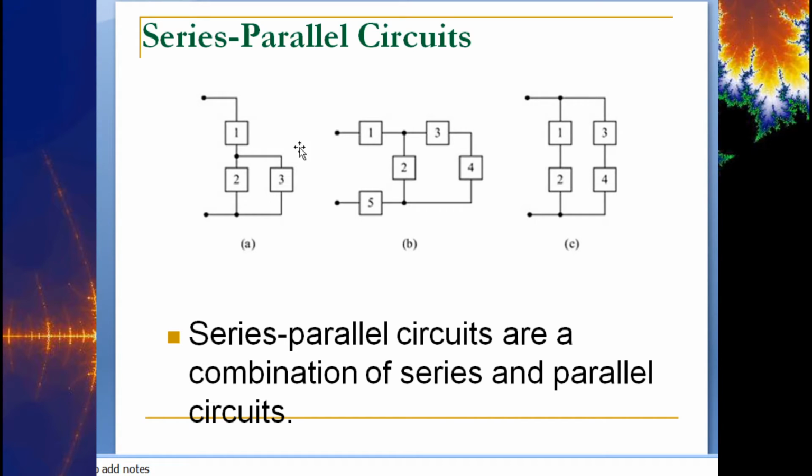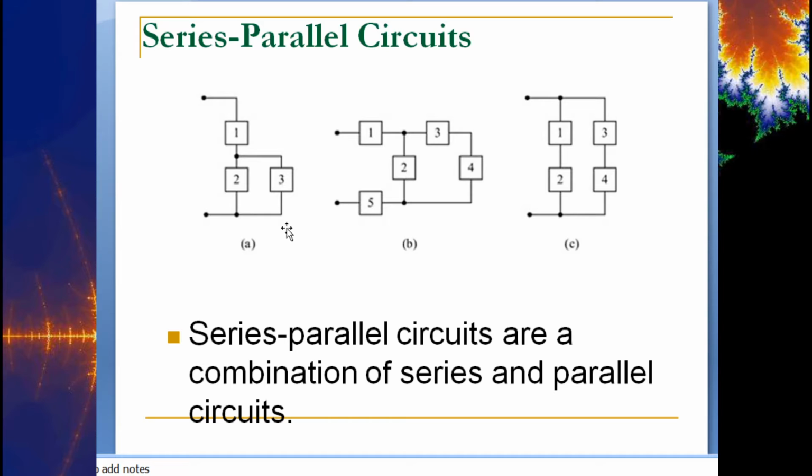So there's going to be a total current, which is what is going to flow through component 1, and then there's going to be two more currents that split off from that and then combine back together. So we have to figure out, same principles.